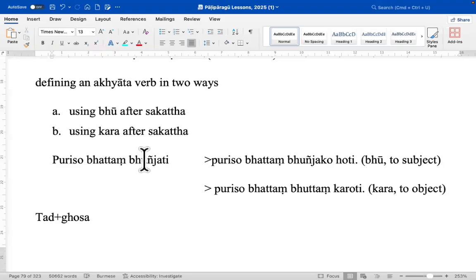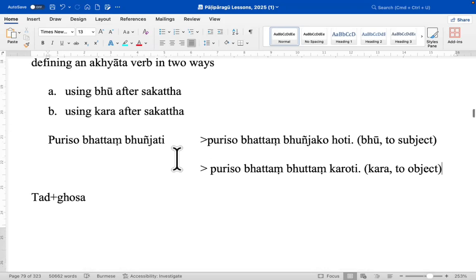Okay, sakammaka. No, I remember this. It's not related to my question. No, okay, because this is only sakammaka. The akammaka verb, the intransitive verb, we can cover at another time. So there is such a question. Okay, your example.